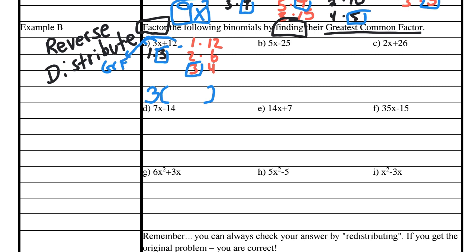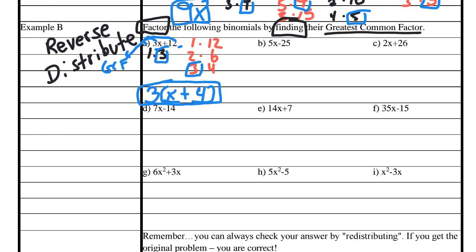So 3 times what gets me 3x? Well, 3 times x gets me 3x. 3 times what gets me 12? Well, 3 times 4 gets me 12. And then they were adding, so it would be 3 times x plus 4. That is what we call factoring out the greatest common factor.